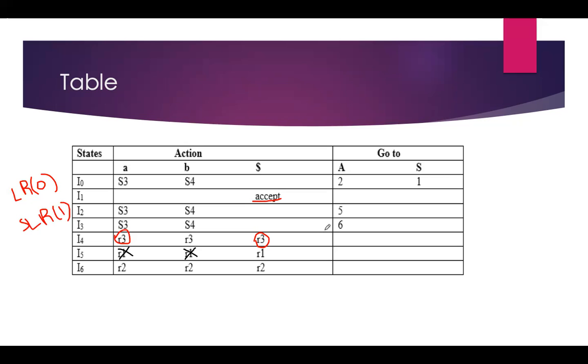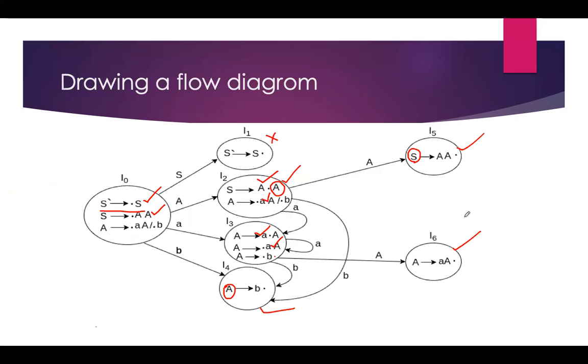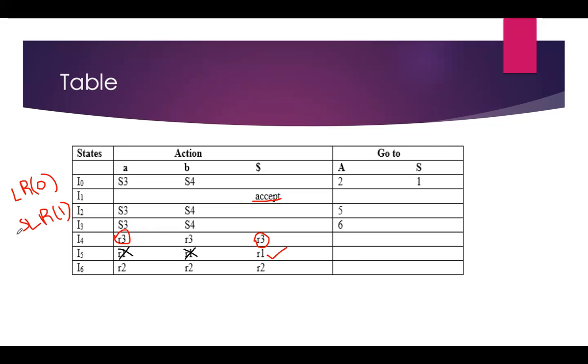Only under the follow of S we fill it, and then it will also work. That's why here I have crossed it in LR0. In SLR1 we only consider the follow. Here only dollar is the follow, so we are filling only there.